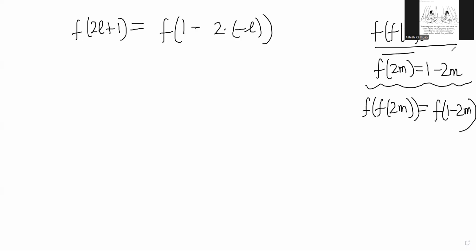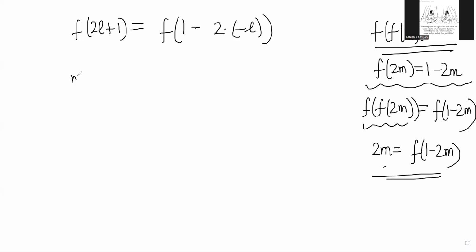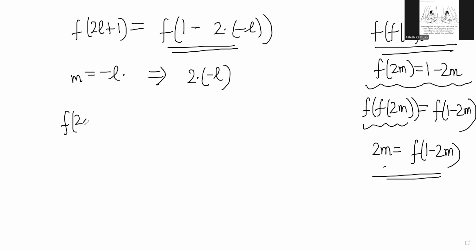But using this condition, this left hand side is 2m. So 2m is equal to f of 1 minus 2m. Now this we will use here, and we will say m is equal to minus L. Therefore, f of 1 minus 2m here will be 2 times minus L. So we are getting f of 2L plus 1 is equal to minus 2L.